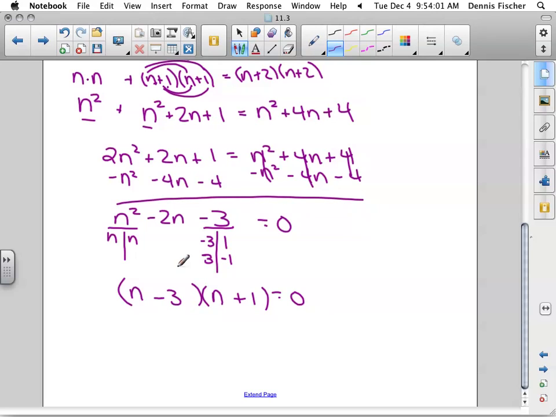Now if I set each one of these equal to 0, what's n minus 3 equals 0? What minus 3 is 0? 3. One of my answers is going to be 3. N plus 1 is 0, negative 1. I have two answers. N equals 3, n equals negative 1. Anyway, now if I go back to my original setup, way at the beginning.